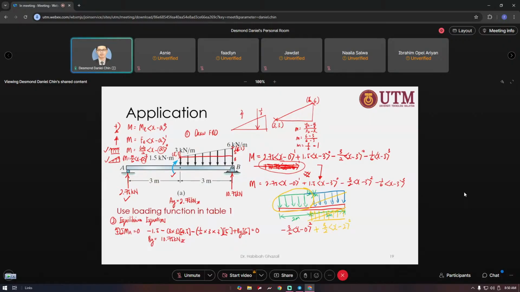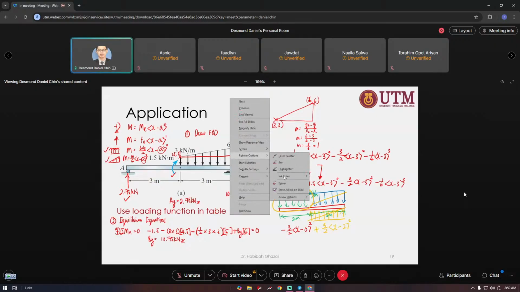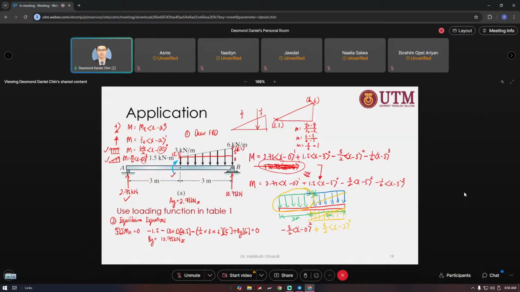You have to apply this, because for Macaulay's function, the concept of distributed loading treats that particular loading as starting and continuing until the end. You can see there's only A over there. The equation didn't request you to input the end of the loading, isn't it? x minus a, where a is the starting point of the load. There is no input for where the loading stops. So you must apply the offset loading in this case.